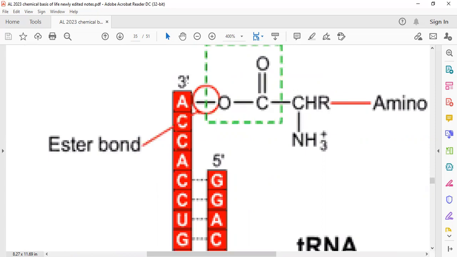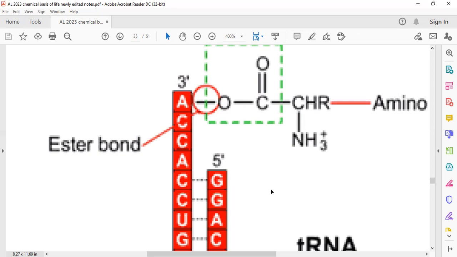In which end is an amino acid connected to tRNA? Three prime end.